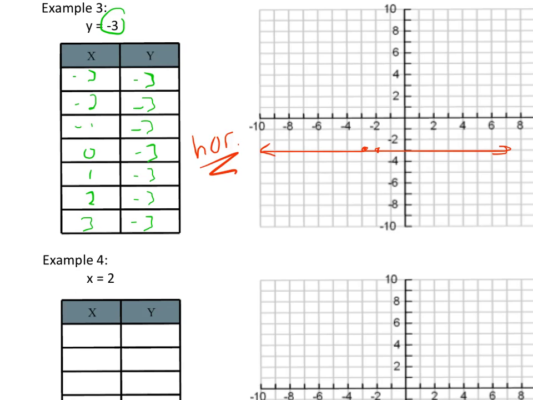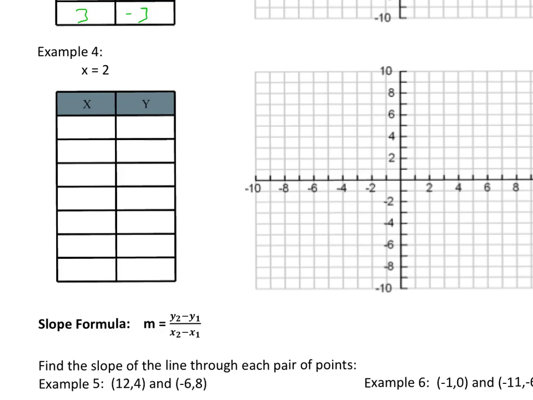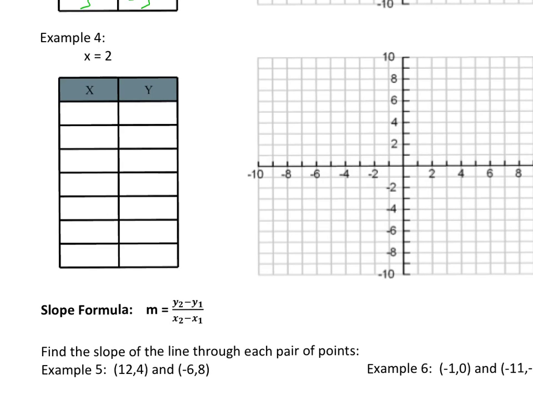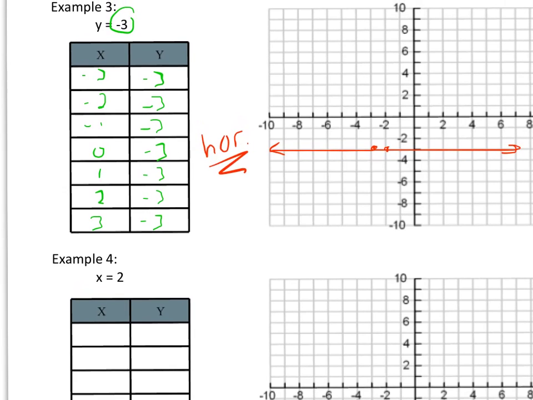Alright, next one, again a similar situation where we have an x value of 2. Now if we look at the first case scenario where it was y equals -3 and it is a horizontal line, then we can look at the case x equals 2 and think of it as a vertical line.